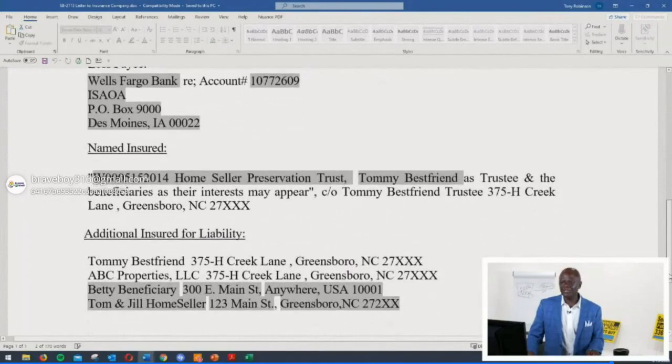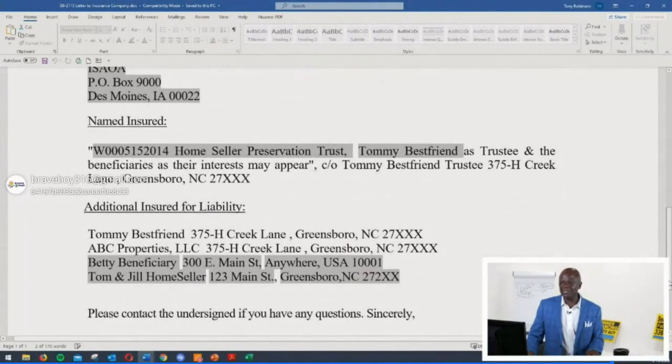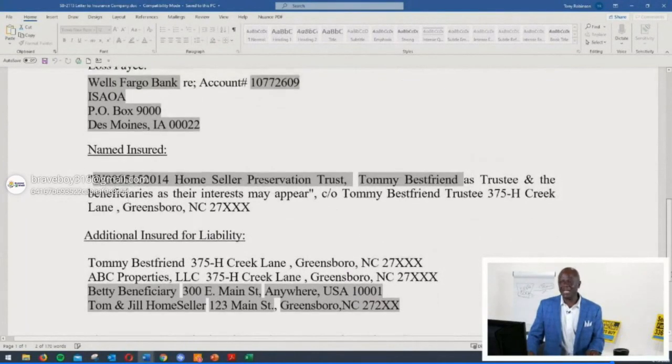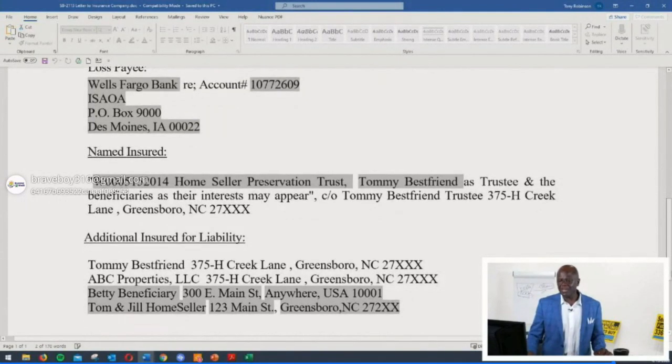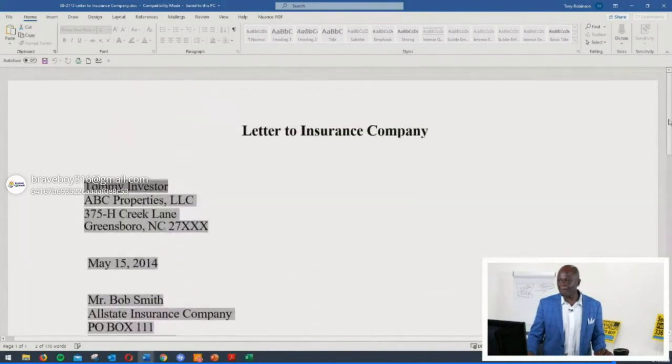And you can see all the additional insureds. If you fill it out and send them examples, then most of these guys can get an understanding of what you're doing, and then they can get the language there as required by you.